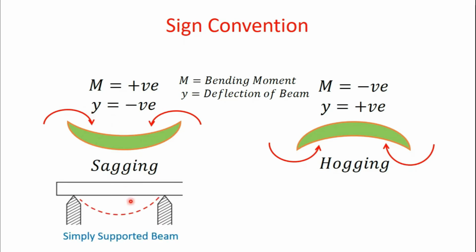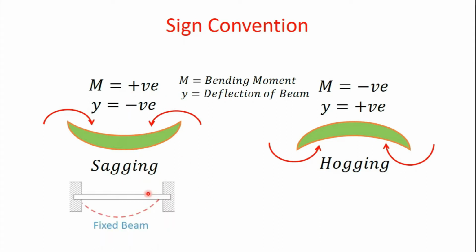The simply supported beam bends like a sag beam, and therefore the bending in simply supported beam is taken to be positive, whereas the deflection is downwards below the beam, therefore it is taken as negative. Similarly, we also have fixed beam in which sagging takes place, and therefore the bending moment is taken to be positive, whereas the deflection is taken to be negative.